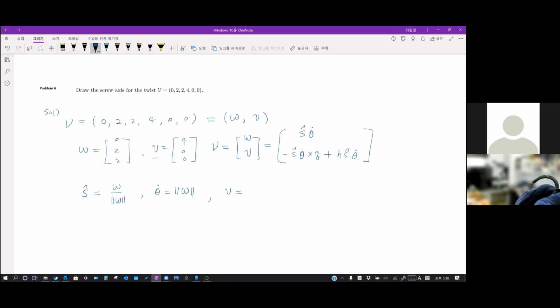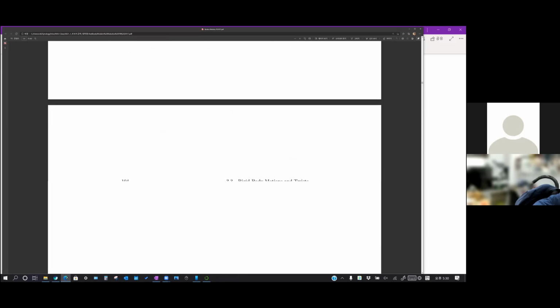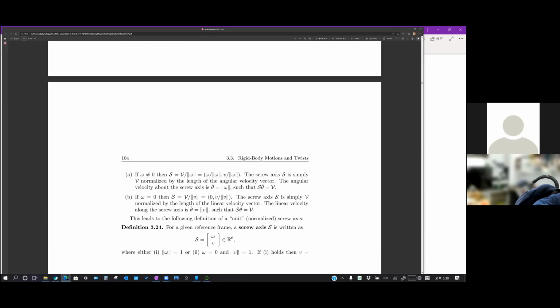it might be confusing, but this V and this V have the same symbol, but we are using this V, not this V. The normalized V is calculated by this equation.